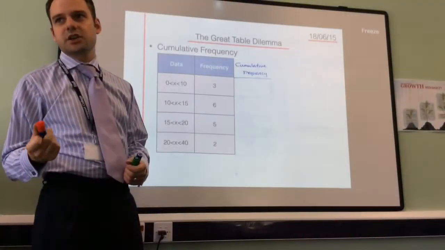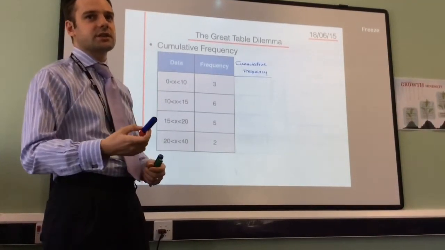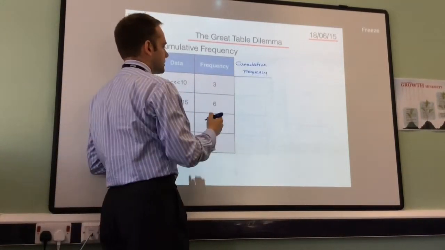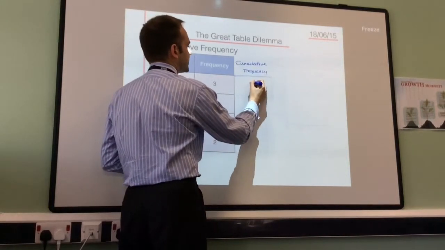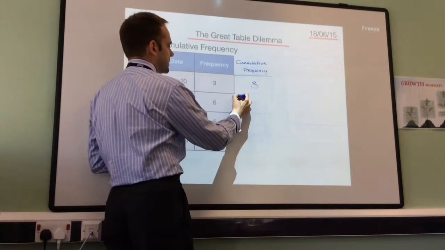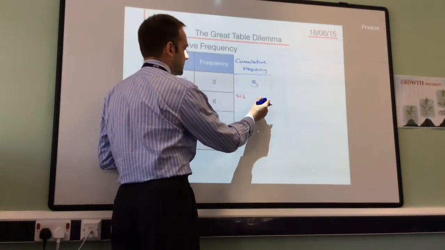So when we're doing a cumulative frequency graph, the key is this idea of accumulating, gathering things together. So in the 0 to 10, we've got 3 people, we carry those across. But in the next one we need to accumulate, we need the 3 plus the 6, and that gives a total of 9.